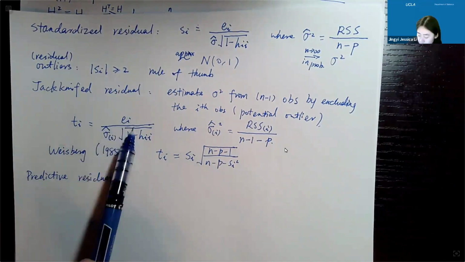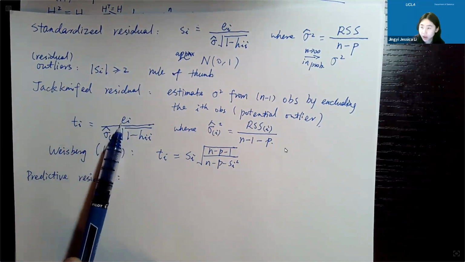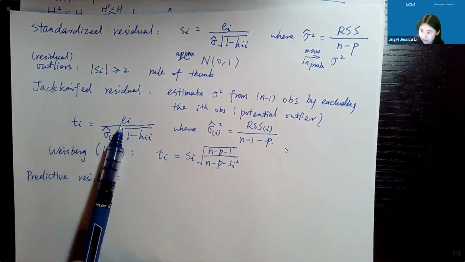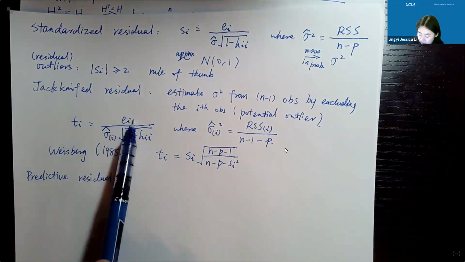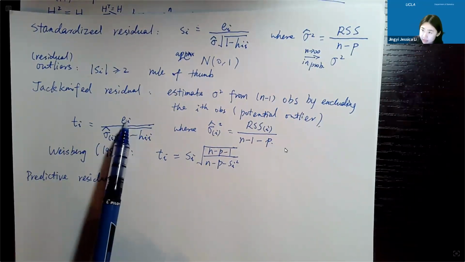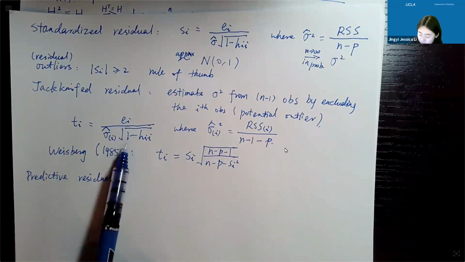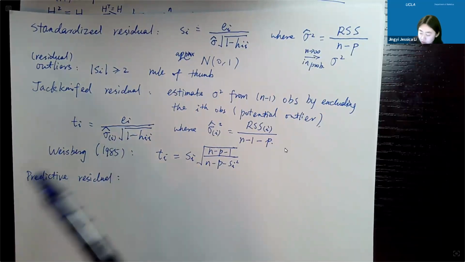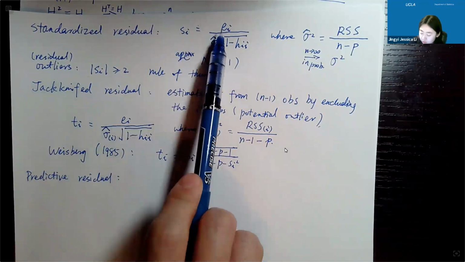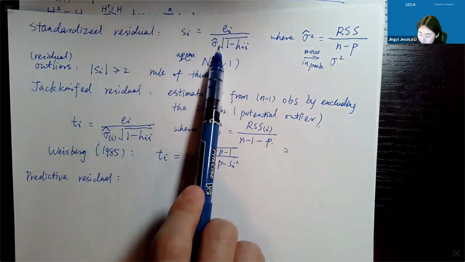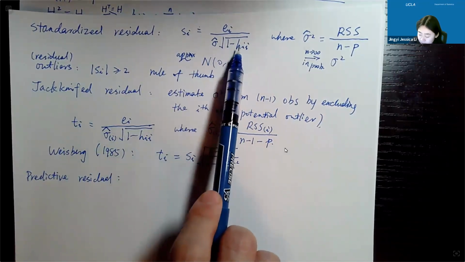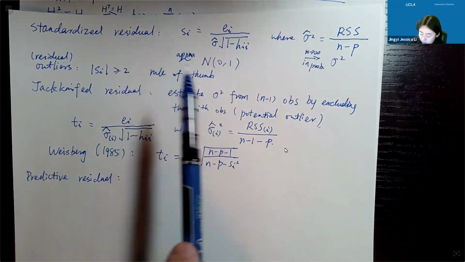So the current route is that we fit one regression on all the n data points to get the residuals. And then we try to standardize the residuals in one of two ways. One is to just divide by sigma hat times square root of 1 minus h hat ii. This is what we call standardized residual.